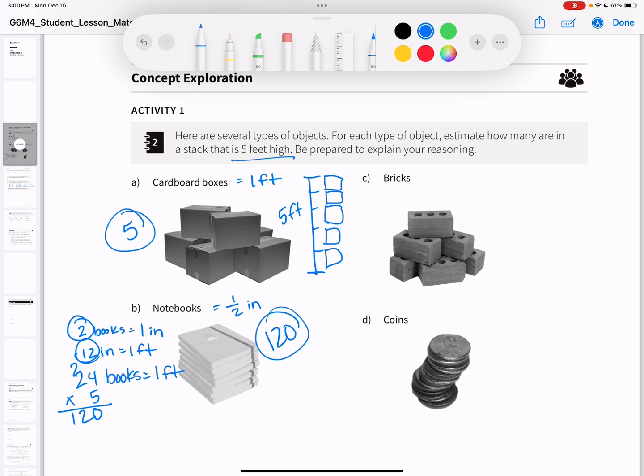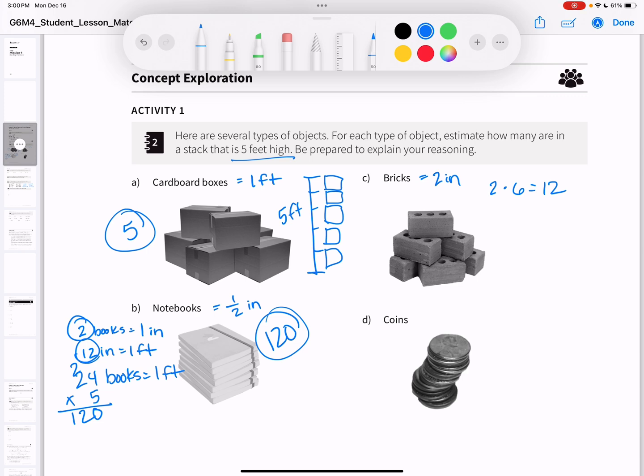Let's do bricks. I'm going to say bricks are 2 inches. Okay, so if we have each brick worth 2 inches, how many inches is in a foot? Well, there's 12 inches in a foot. So we're going to need to multiply the 2 inches by 6 to get us 12.